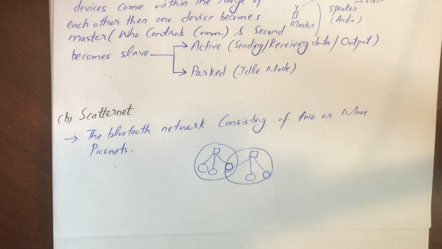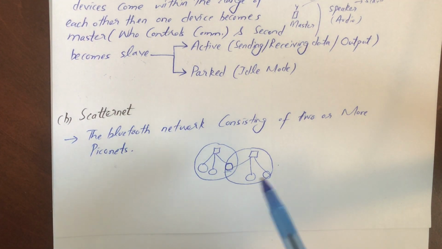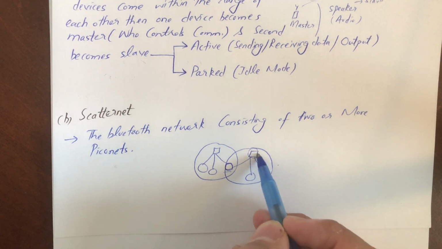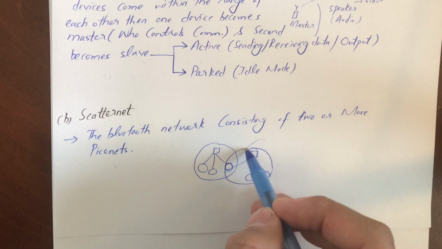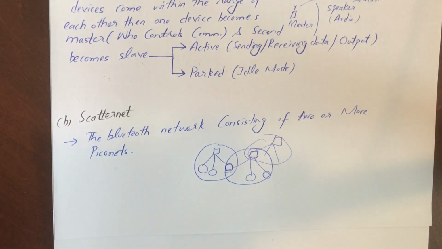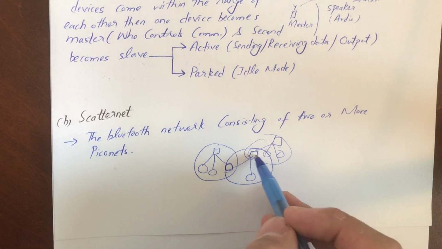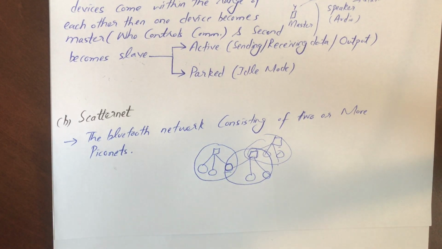We use the Scatternet model in robots, in artificial intelligence and similar areas, where multiple devices are reporting to multiple servers or multiple clouds. So the device which is the master of one Piconet could act as a slave for another network. There could be another master, and it is a slave for this particular master, while working as a master for this particular Piconet.